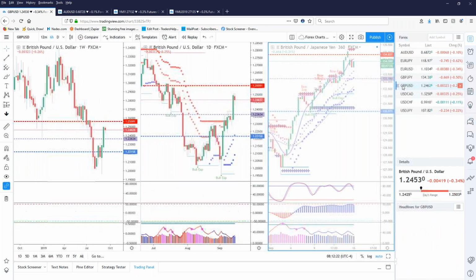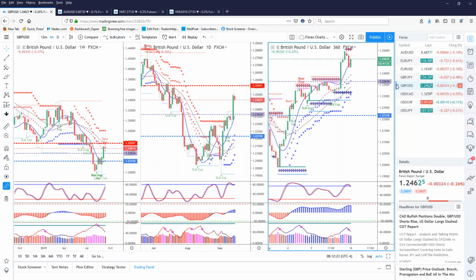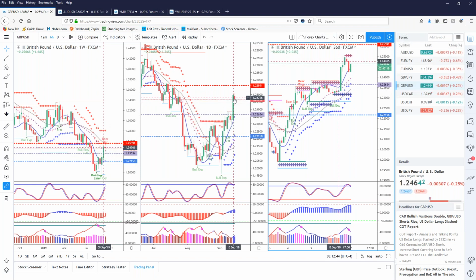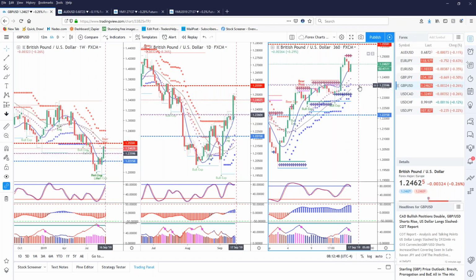On the British pound dollar, you can see that here is where they formed the bearish intent. They found resistance here. You've also got the stochastics overextended. And if, and this is a big if, this bar continues to be bearish, then you're going to have a move potentially down to 23.59.